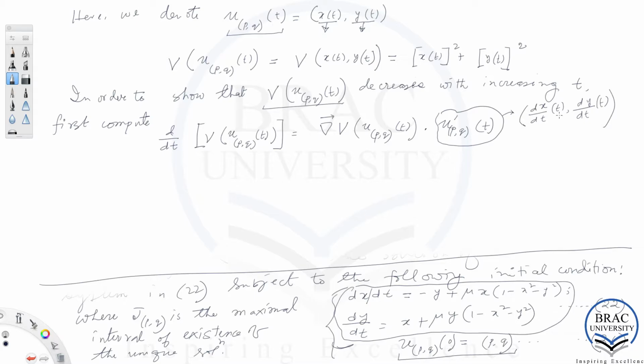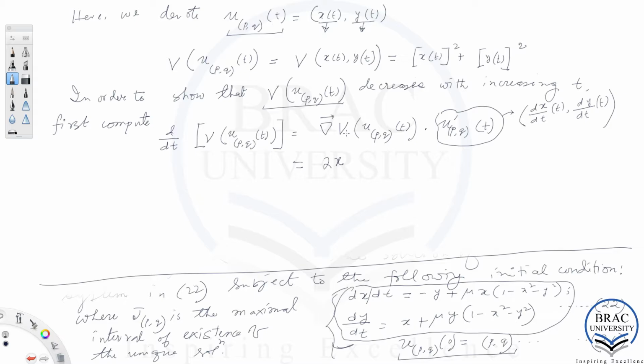That one can obtain using this system 22. Okay. And this is going to be equal to, so the gradient of V has two components as usual, because it's a vector in R2, whose components are, since this is x squared plus y squared, the x component is simply 2x and the y component is 2y.